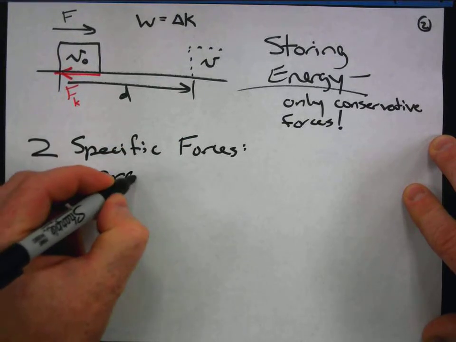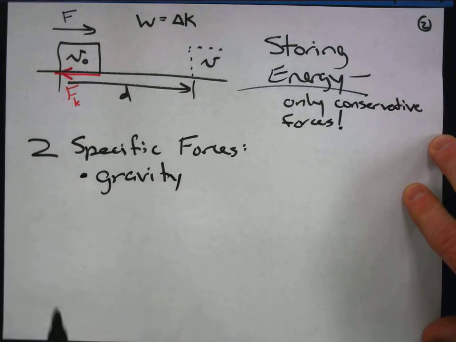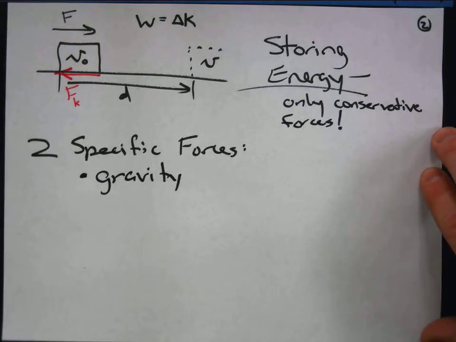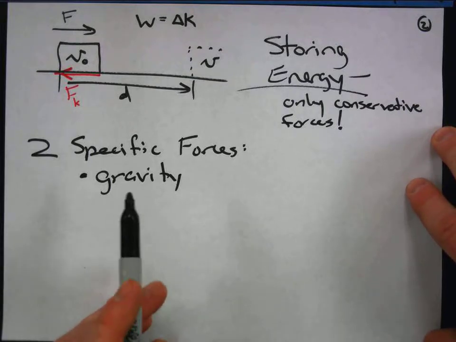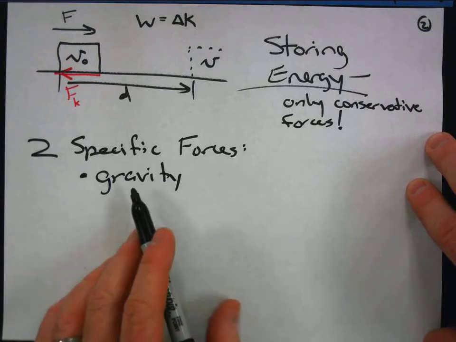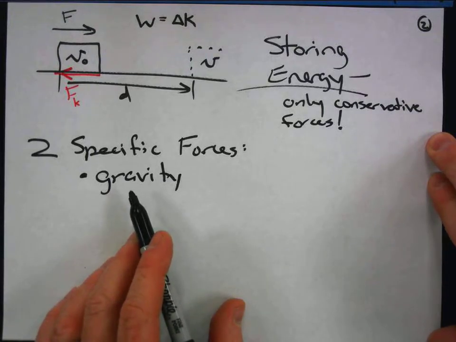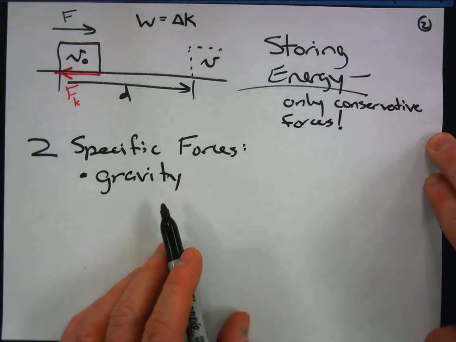First one is gravity. In the previous video we looked at gravity, and we came to understand that when gravity is doing work on an object, say you're moving an object from one place to another, the pathway you take does not determine how much work gravity does.